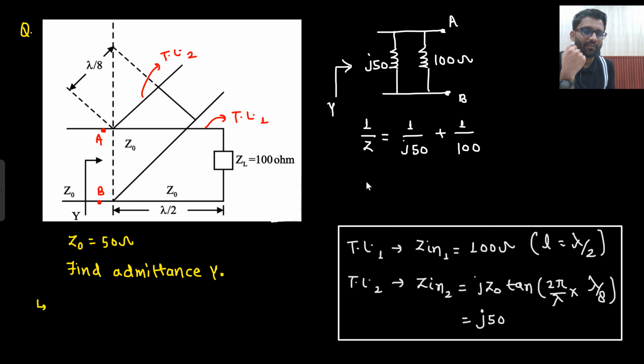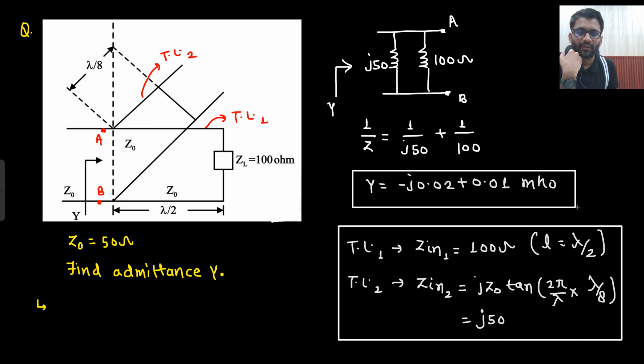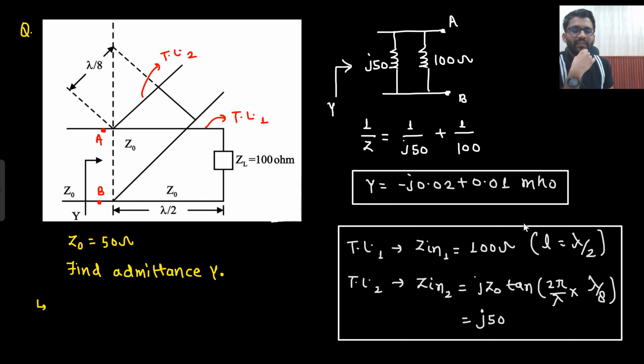And what is 1 by j? 1 by j is minus j only. So 1 by j50 would be minus j0.02, plus 0.01. That's it, this is the answer. And the unit will be mho. So minus j0.02 plus 0.01 mho.